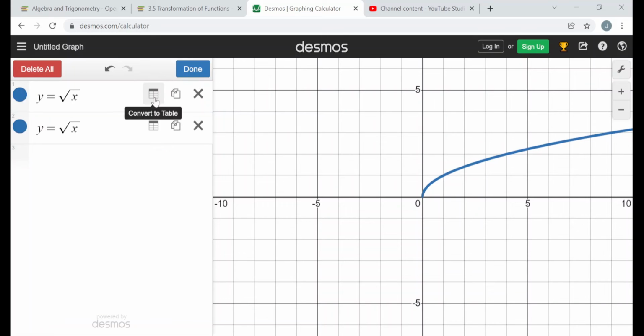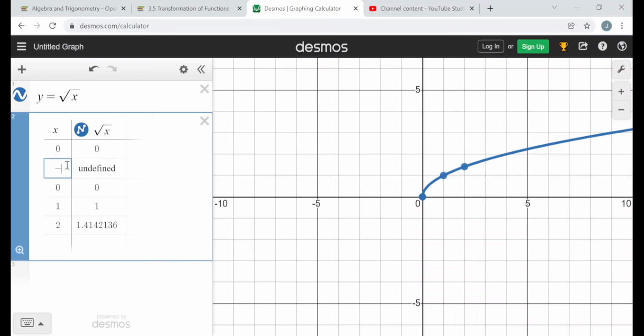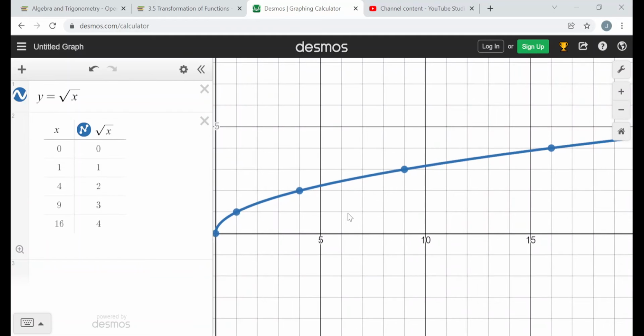I'll put a table up for this so we can see some points that are plotted, and I'll change some values in the table. Let's go 0 here, 1 here, 4, 9, 16.